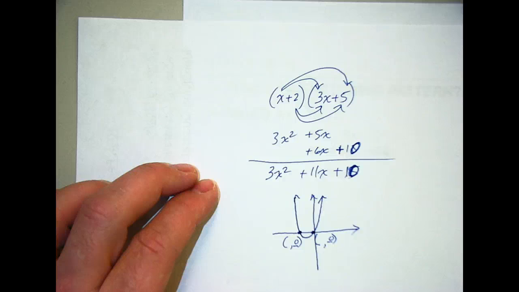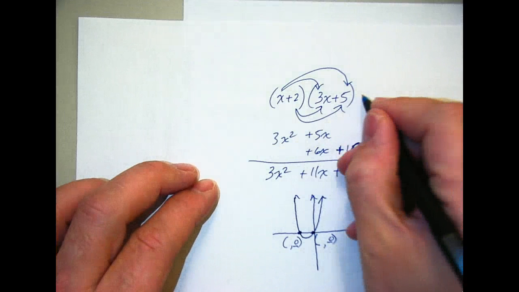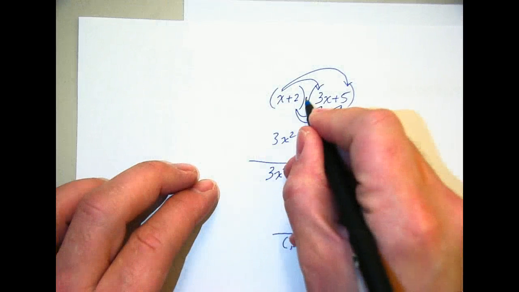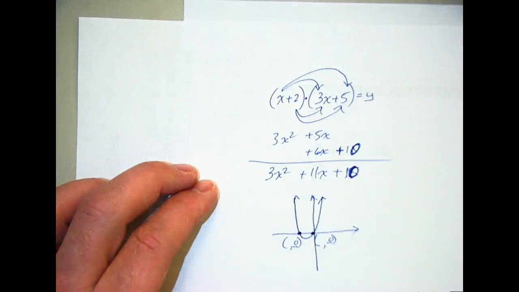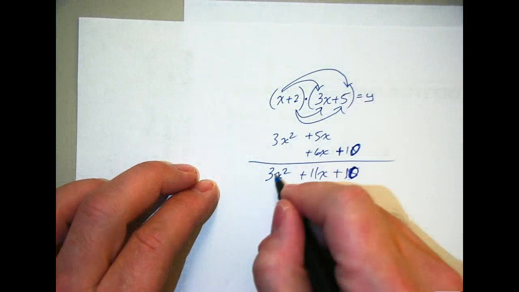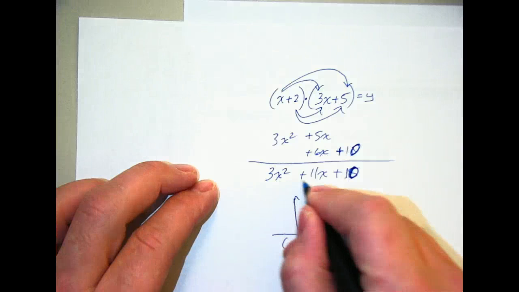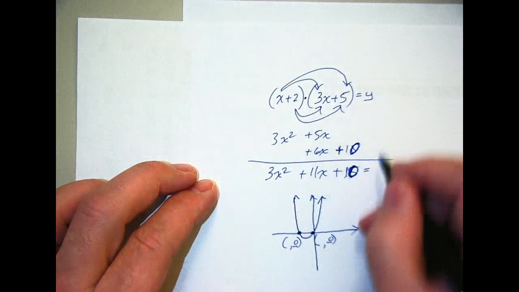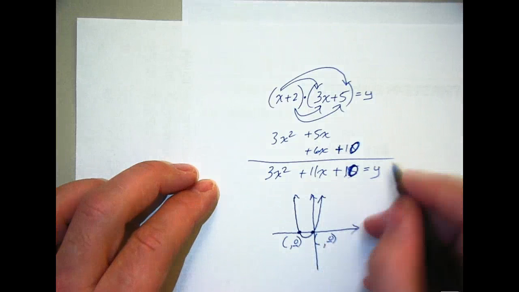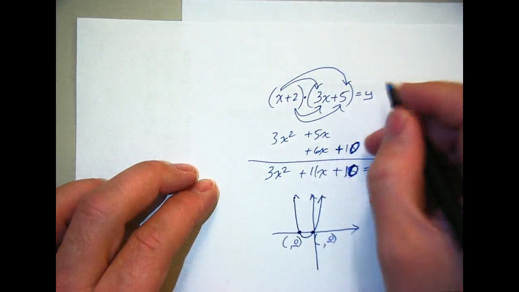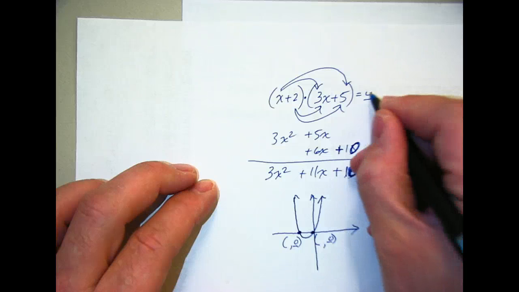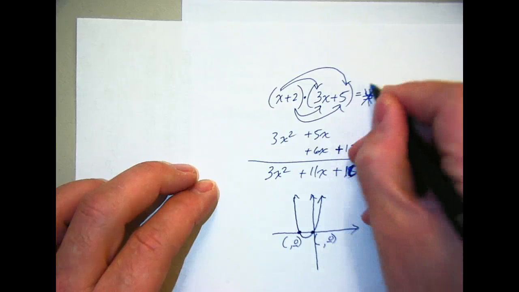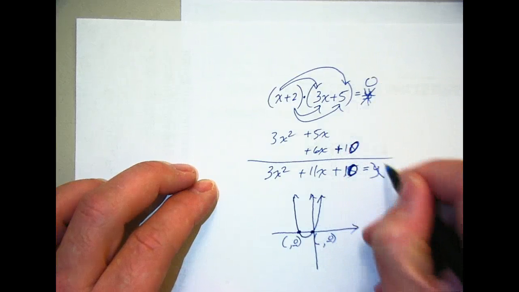Everyone with me? So if I were to change this and say this times this equals y, that now means when I multiply it out, 3x squared plus 11x plus 10 equals 0. It equals y, which we're making 0. So we're not going to call it y, we're going to call it 0 because we want to solve for x.